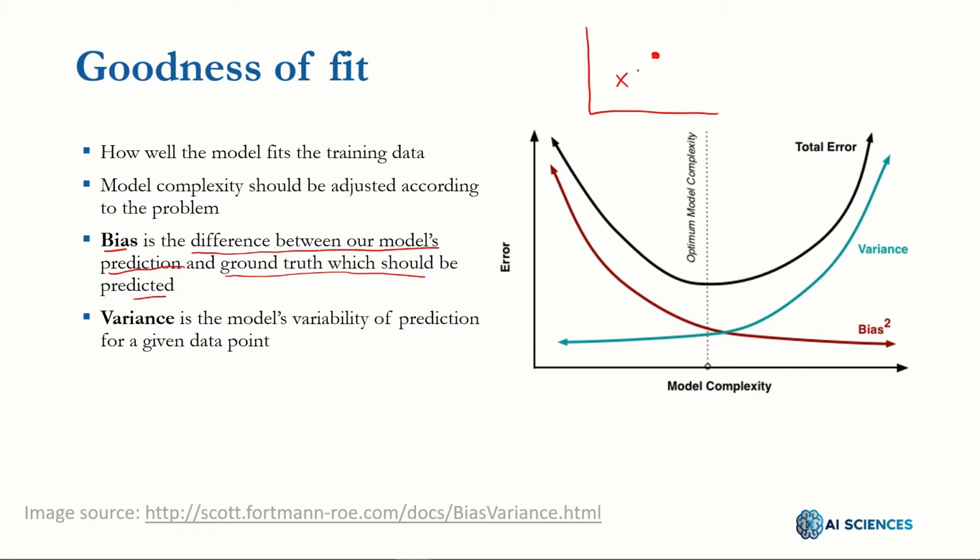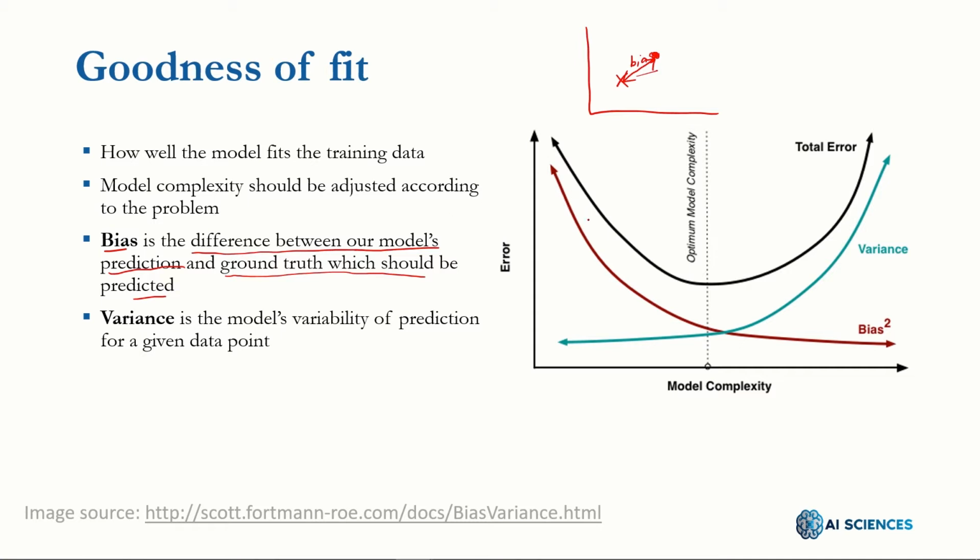Obviously it's wrong, but how far apart these two points are, this is bias. And variance is the model's variability of prediction for a given data point. It means how much variability a model has when predicting a data point.